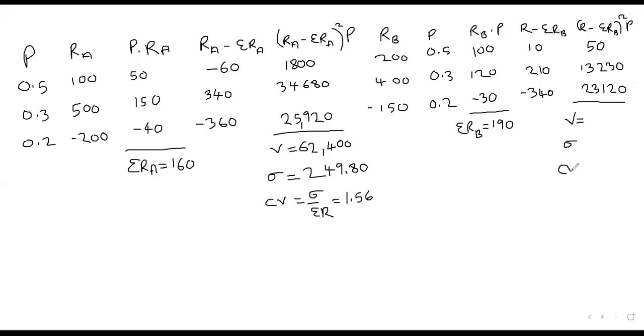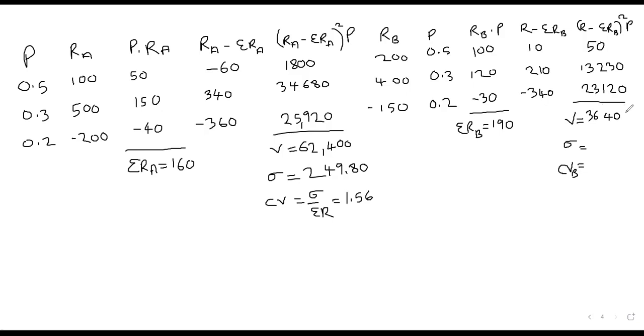When we divide by the expected return, we call it the CV for B. Let's calculate in that order. So it's 36,400, which is the variance.